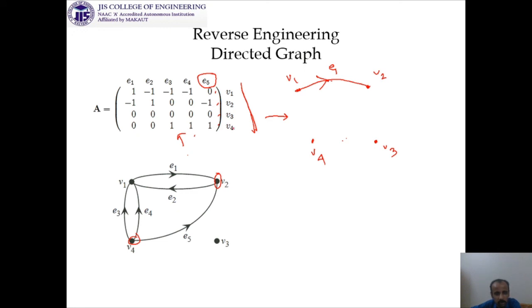So E5 is incident out from V4 because it is +1, but it is incident in V2. And as we are constructing it edge wise, you will see that V3 will remain as it is because there is no such entry in the row of V3.